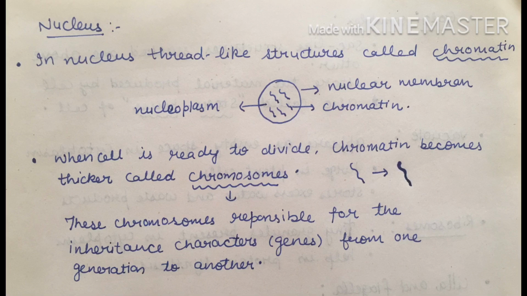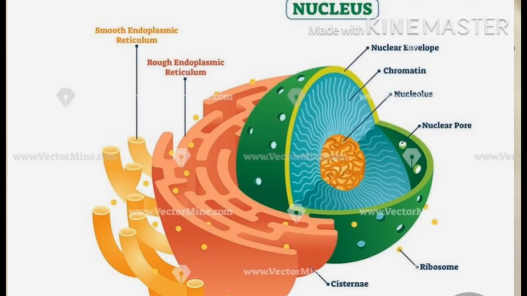Hope you understand. You can see it clearly from the diagram, these chromatins and these chromosomes. Chromatins are thin thread like structures, and chromosomes are thick thread like structures. This is the difference between chromatin and chromosomes.